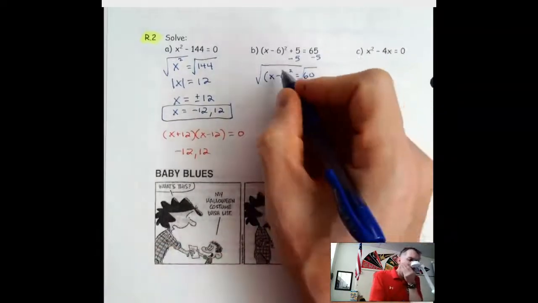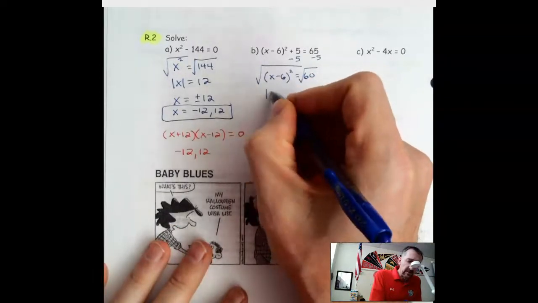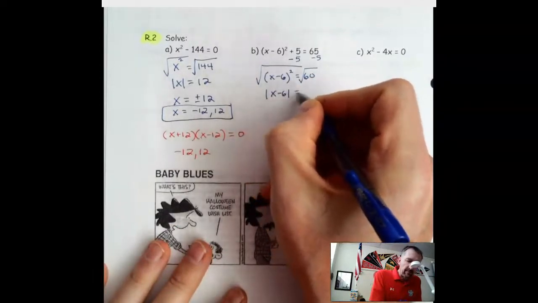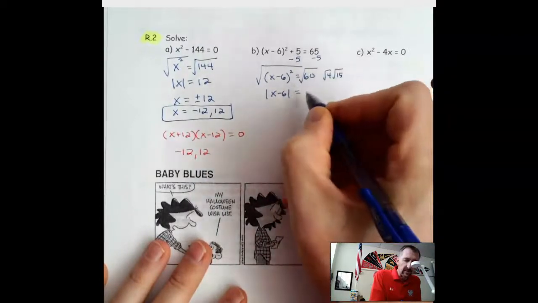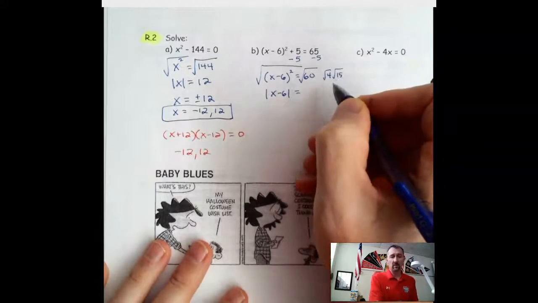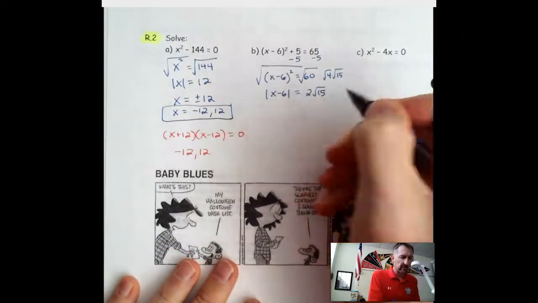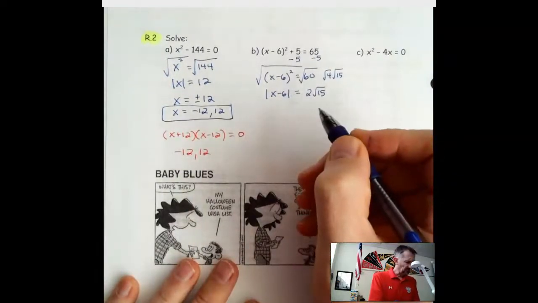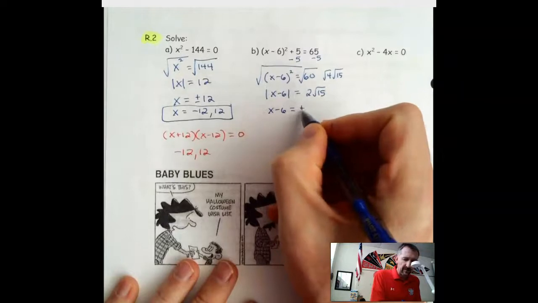So same thing over here. When we square root something that's squared, we get the absolute value. Now this side is going to be 4 times 15, a quarter hour, 2 root 15. So now when we take off that absolute value, we're going to get plus or minus.